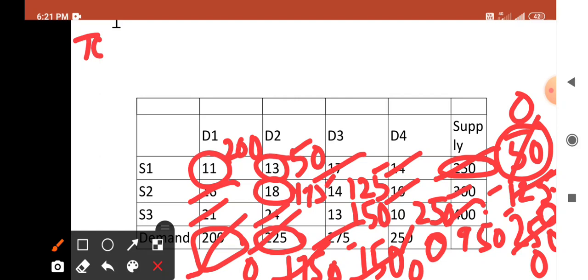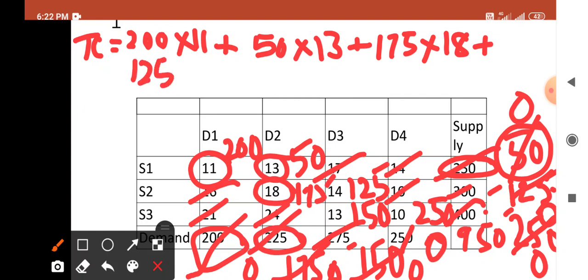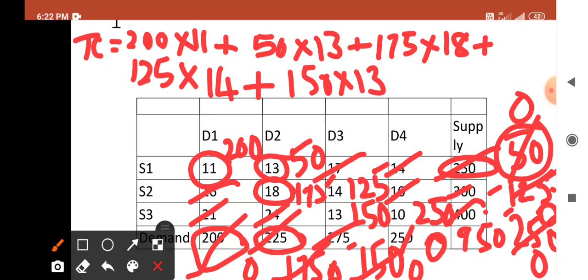The transportation cost is equal to 200 into 11 plus 50 into 13 plus 175 into 18 plus 125 into 14 plus 150 into 13 plus 250 into 10.